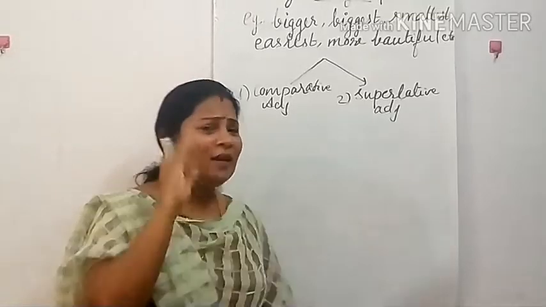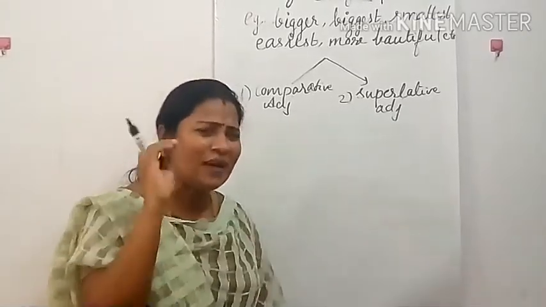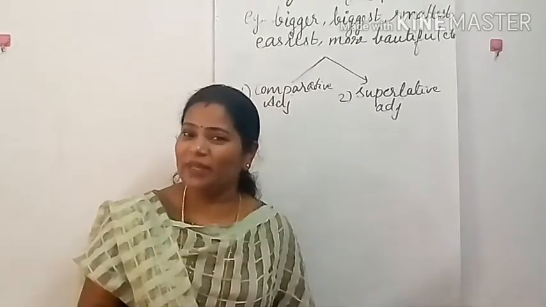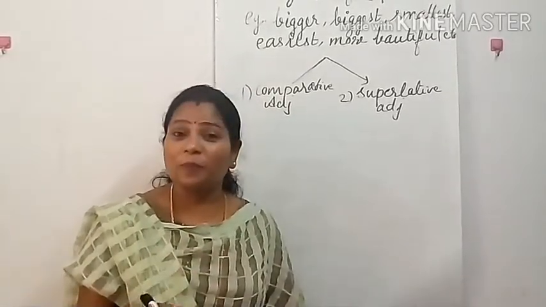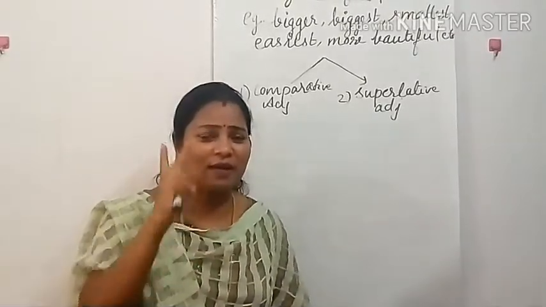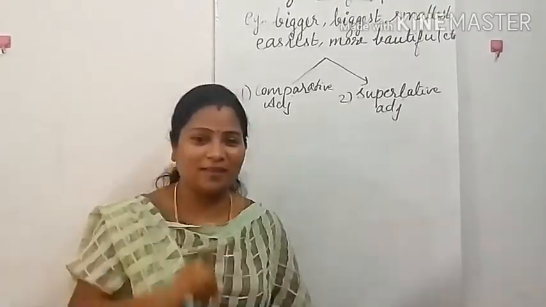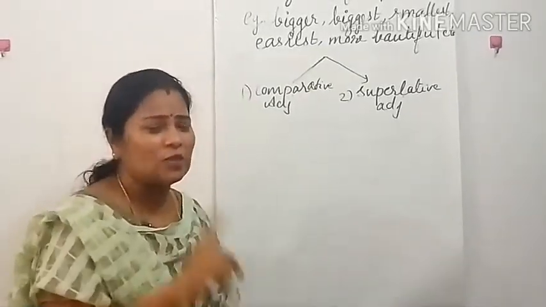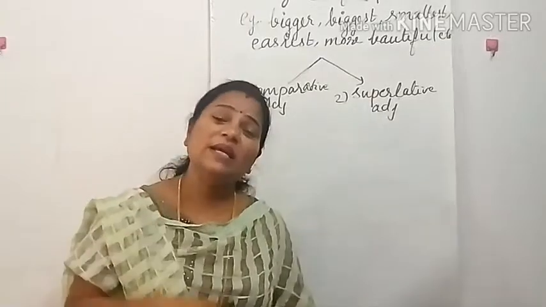Comparative adjective, okay? Both compare, but there is a difference. What is that? Comparative adjective means you are comparing two similar things. In all these comparisons, one common thing is that they should be similar.